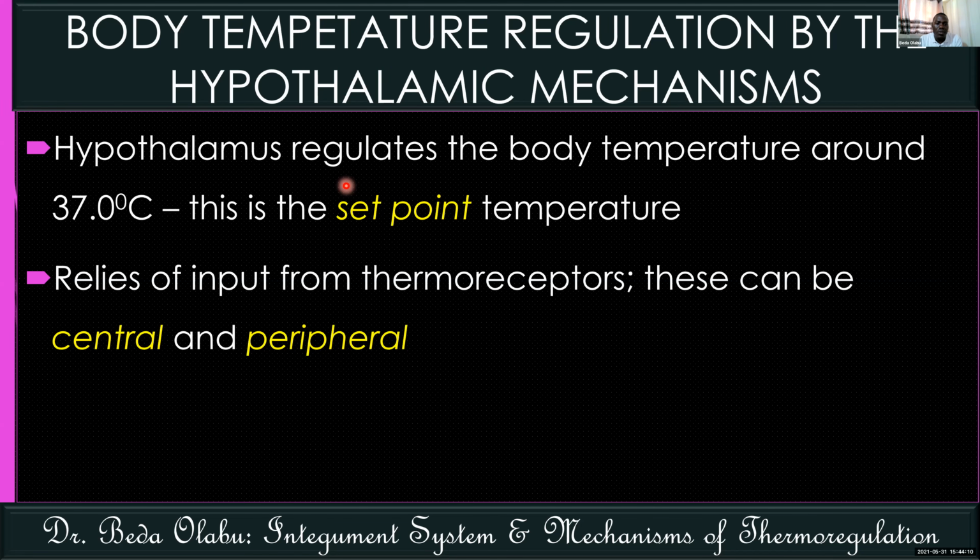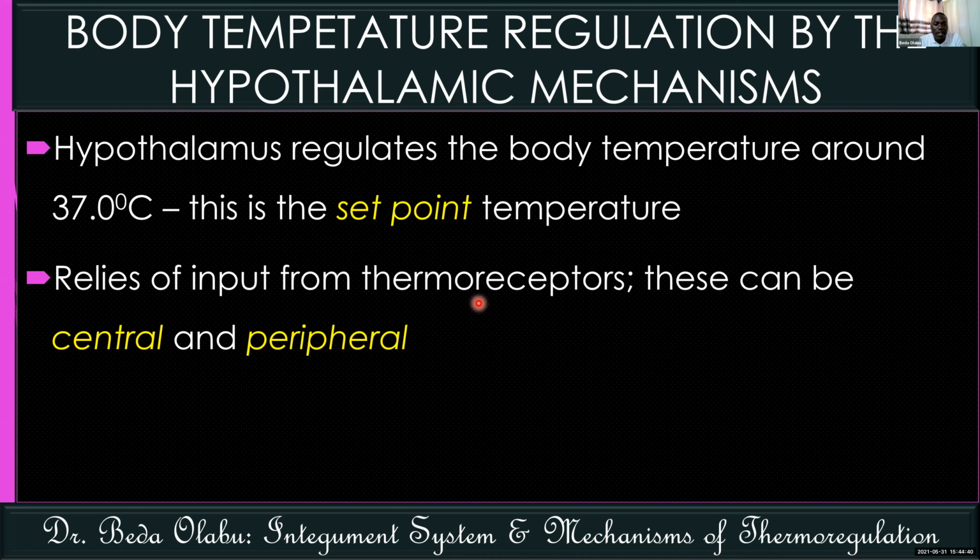And if it is low, maybe it is just 36.5, which is normal. Hypothalamus will initiate mechanisms that ensure that temperature goes to 37. So that's why I'm saying the 37.0 is a set point temperature. Now, for the hypothalamus to do this, it will rely on input from the receptors for temperature.